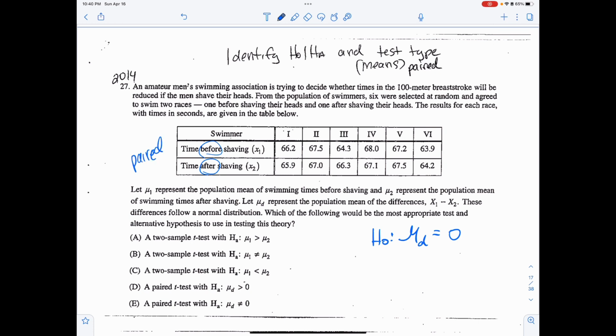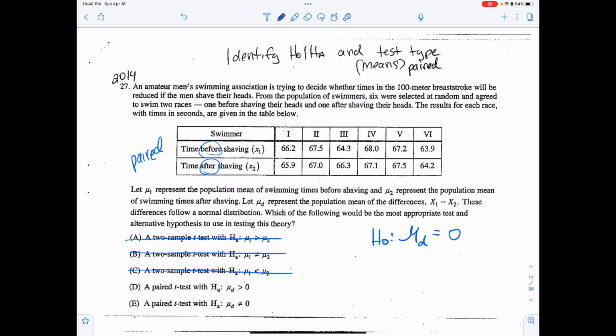Okay, so immediately I would say no, not these, because it's paired. And then I would try to see what exactly I am measuring. And I say, all right, well, it says the differences follow a normal distribution, which is most appropriate to have the theory, and the theory is that it is actually an increase in their performance.